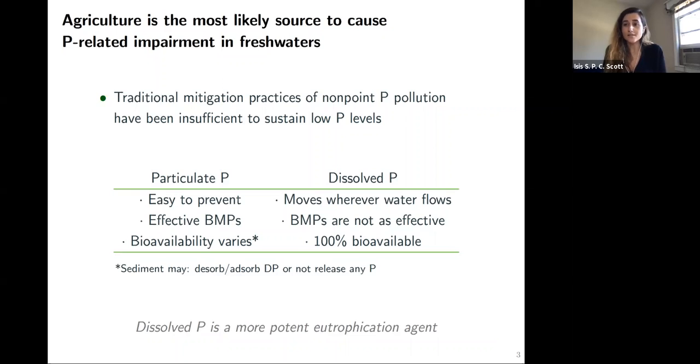So in essence, what I'm saying here is that dissolved phosphorus is a more potent eutrophication agent. And because of that, we need more targeted mitigation practices that deal specifically with the dissolved phosphorus pollution.